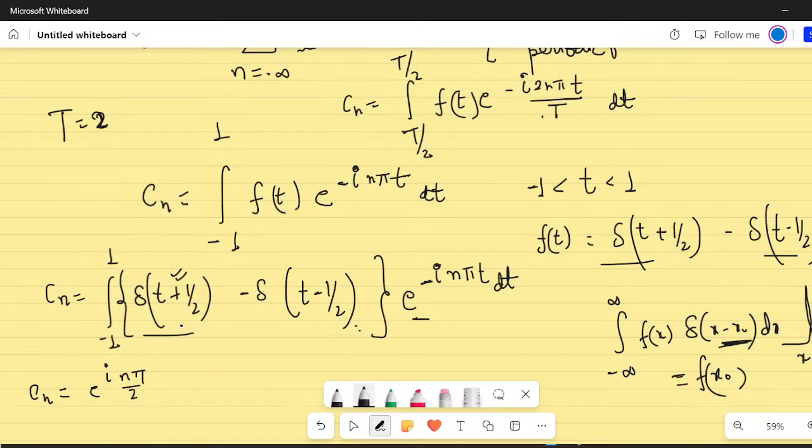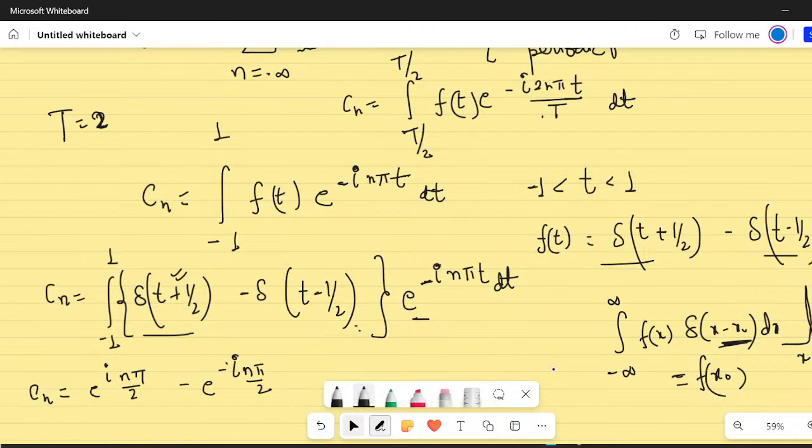The Dirac delta function is located at t equal to minus half, so t equal to minus half will be replaced here. So at t you will get a minus half, and I have simply written minus half here. So this will be iota n pi upon 2, and then minus of e to the power of minus iota n pi upon 2. Okay, so this is how you're going to write it.